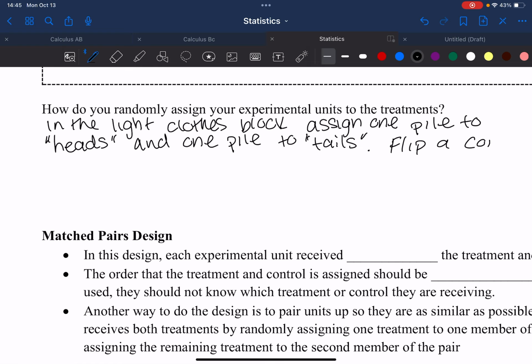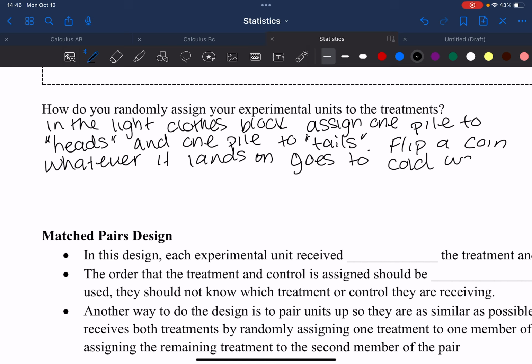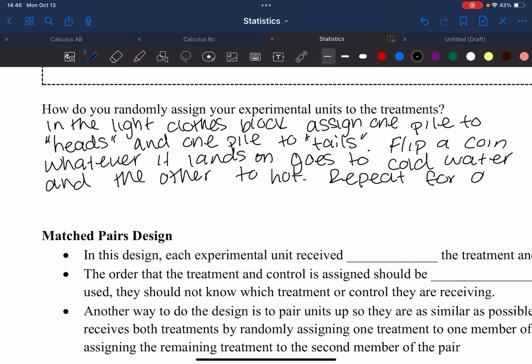Flip a coin. Whatever it lands on goes to cold water, and the other to hot. Repeat for dark clothes.